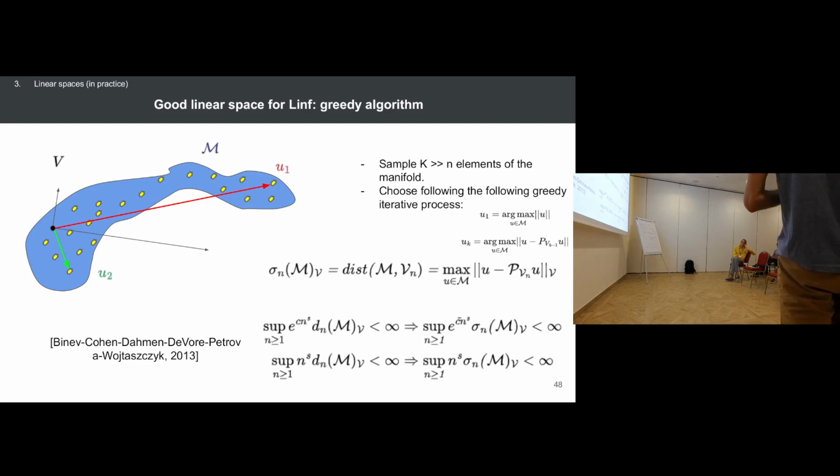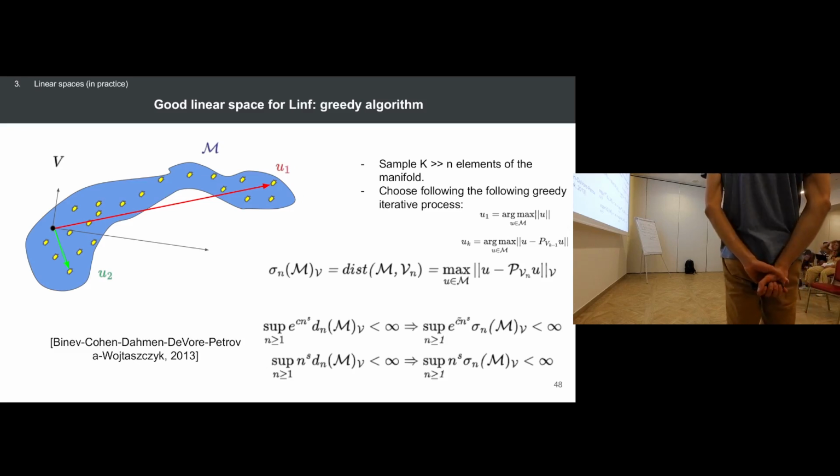Is it possible to choose the first sample U1 randomly? Why do you choose the first one with the max of the norm? Well, yes, in truth, you can. You could do that also randomly. I was saying always linear space, but it's a subspace, so the zero is inside.